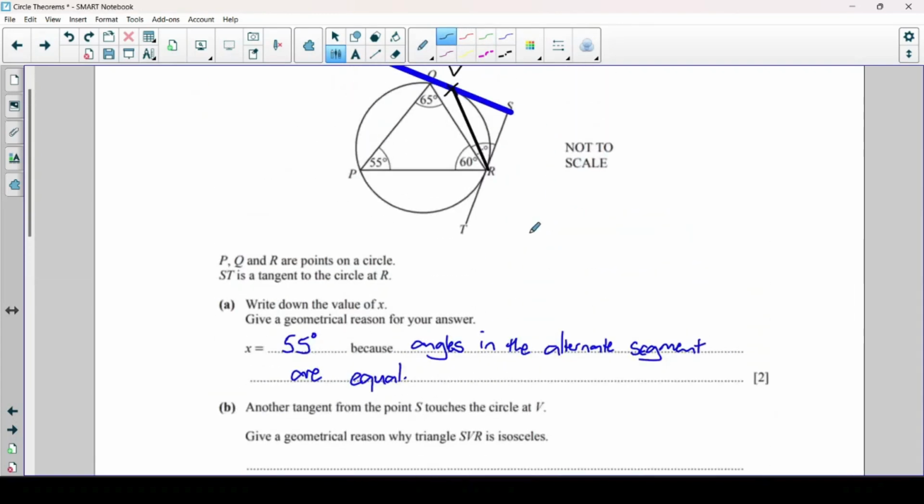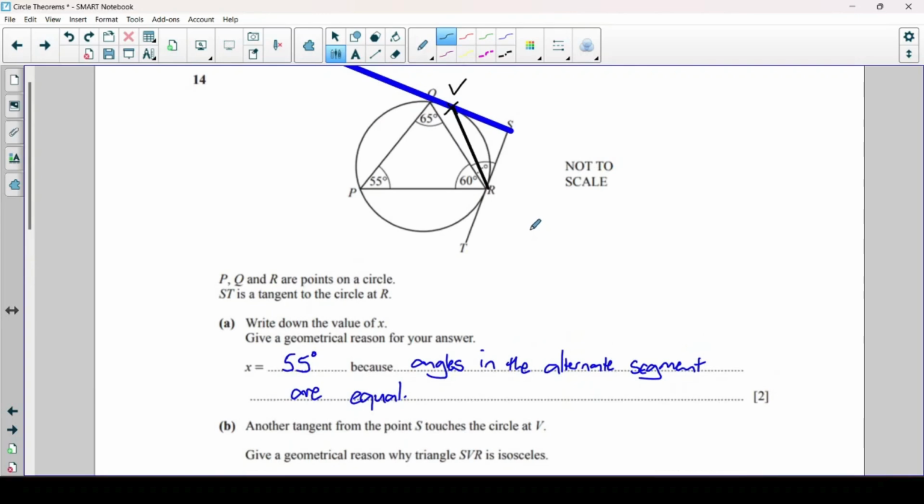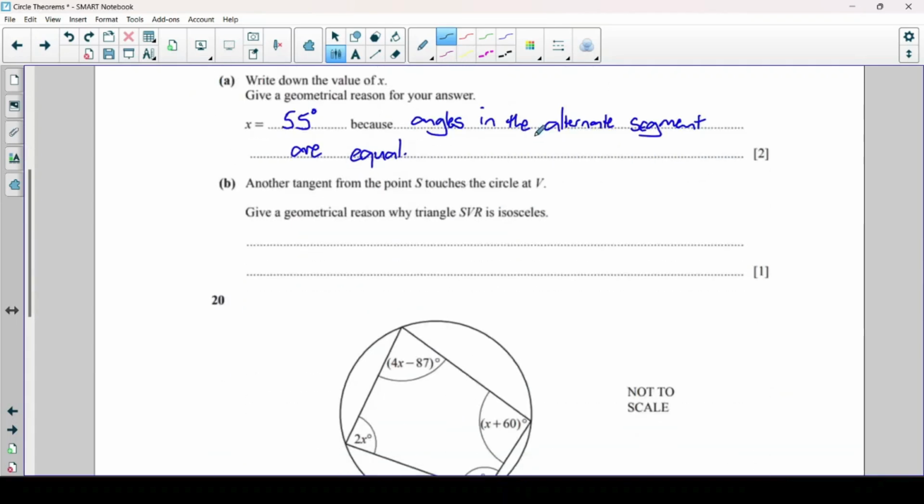Okay, so this is using one of the circle theorems that we've not used so far, and that is that tangents from the same point are equal in length.